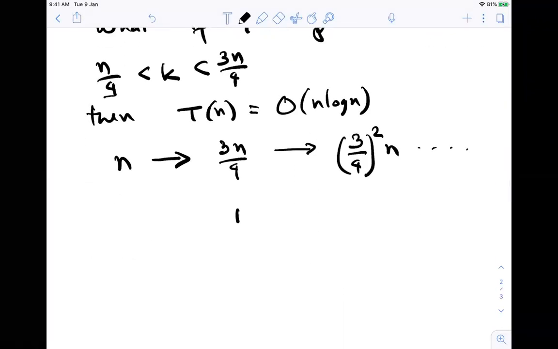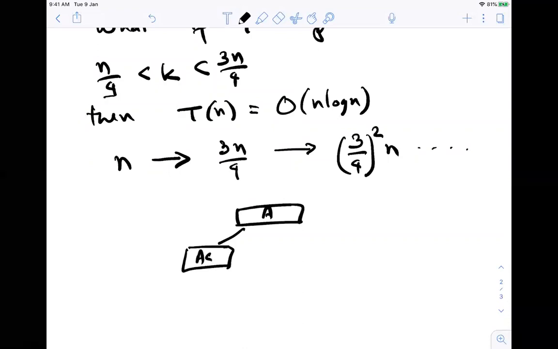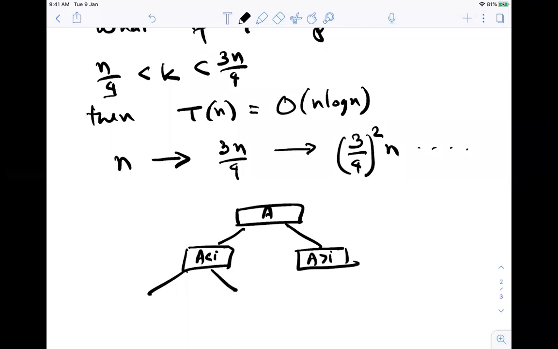If you think of it, this was the array A. Now this array A got split up into two parts: one is array A less than I and the other is array A bigger than I. The next time, it will get split up into another two parts.